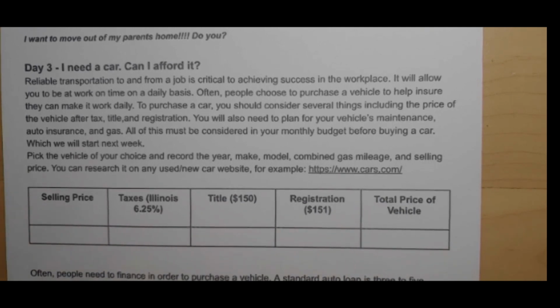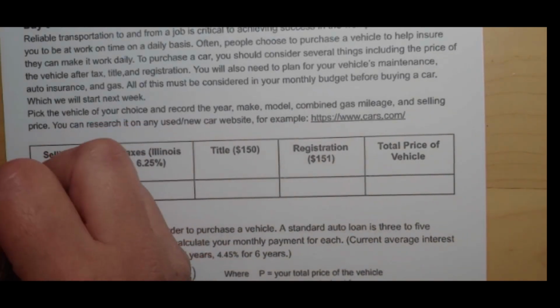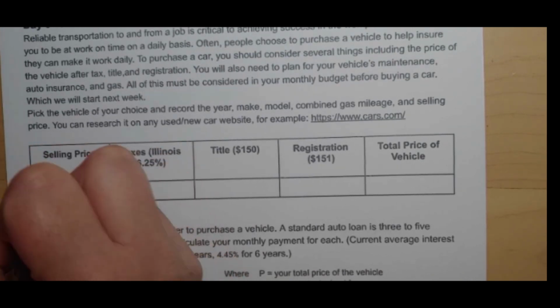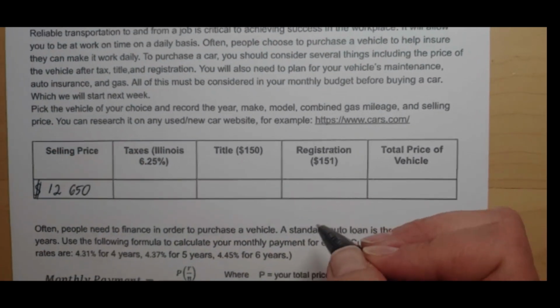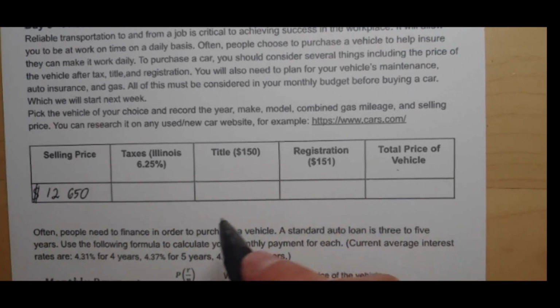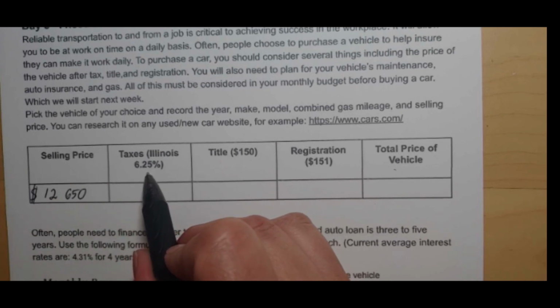Okay, so let's say I'm buying car X, and the selling price of this car is $12,650. Okay, that's how the price is listed. So the first thing is how much you're going to actually pay for this car. Okay, so the taxes again in Illinois for purchasing a car is 6.25%.